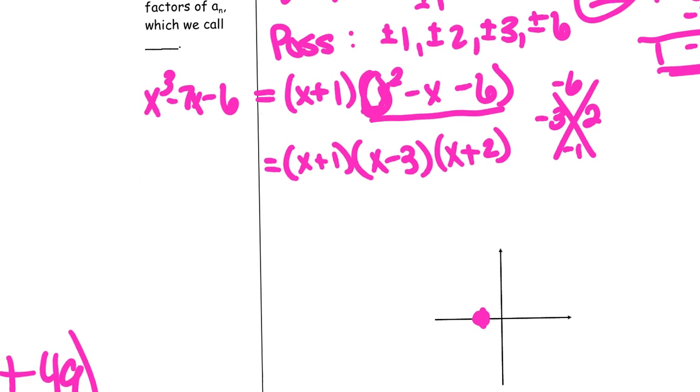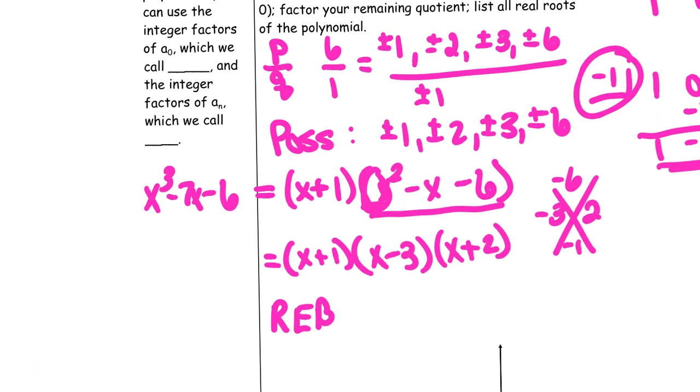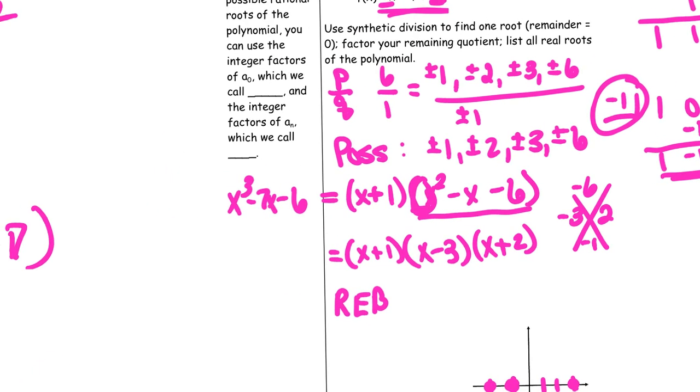So we could go ahead and graph this. We have a root at -1, we have a root at 3, and we have a root at -2. Okay, so let's talk about the end behavior. The original A value is what? 1, which is positive. So what's my right-end behavior? Positive infinity. So over here it's going to go up.